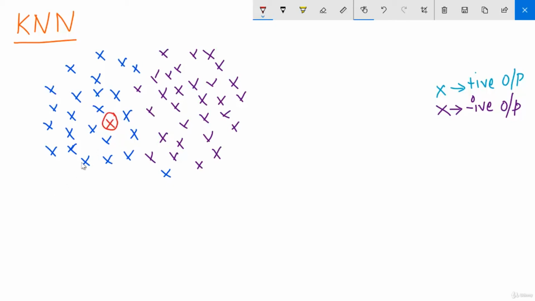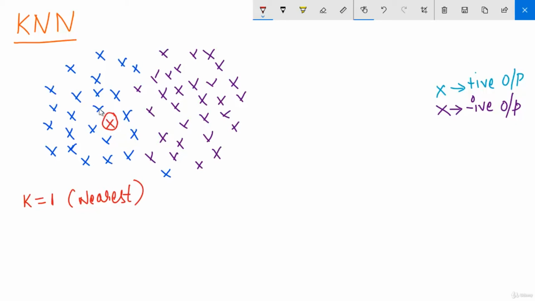How, in this case? If k equals 1, it sees one nearest point, any one point which is very close to this new data point. So if k equals 1, it will see only one nearest point. By looking at which is the nearest, blue is the nearest one.